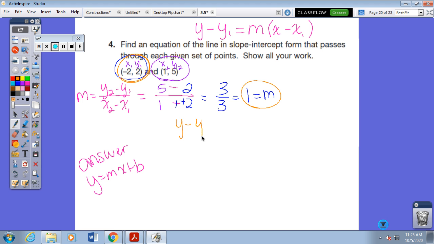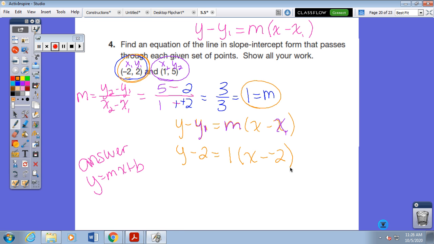So y minus y1 is equal to m times x minus x1. Okay, start plugging in. Remember, you're only plugging in here, here, and here. So y minus y1 is 2, is equal to m, which we found was 1, times x minus x1 is negative 2.